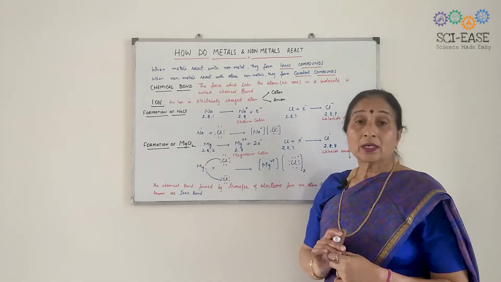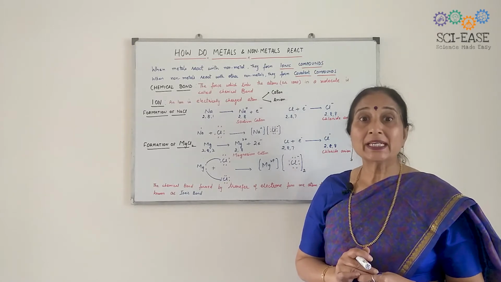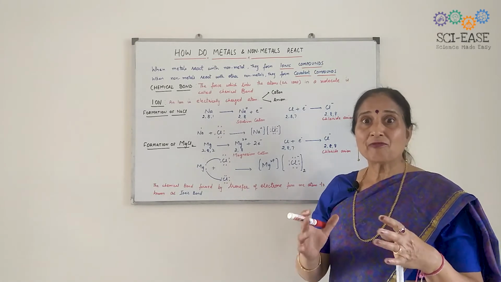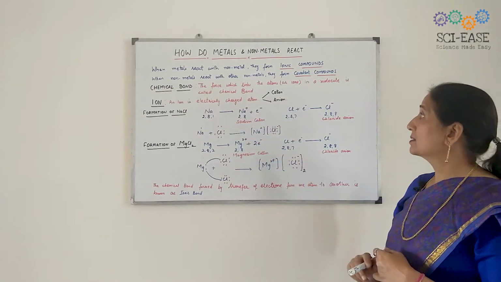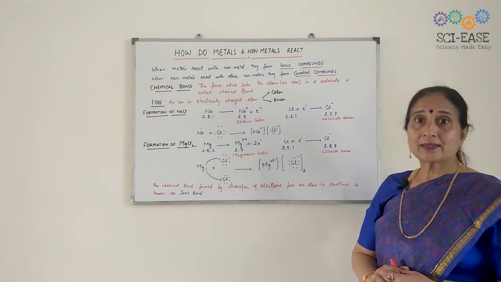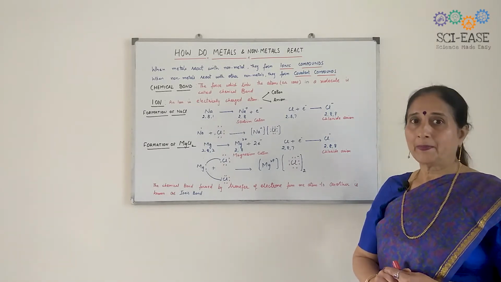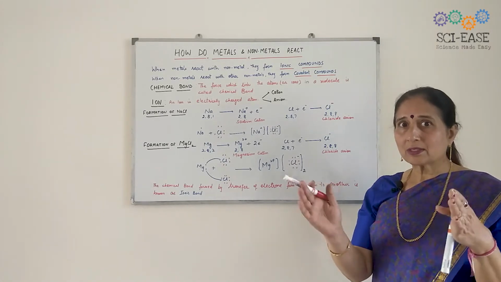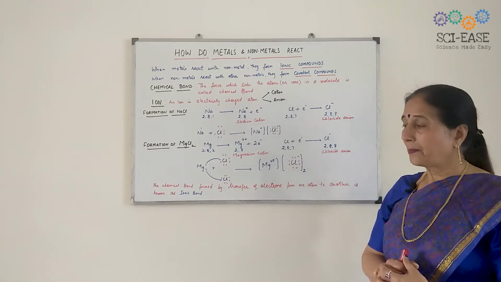First, I will tell you what a chemical bond is. The force which links the atoms or ions in a molecule is called a chemical bond. They are the attractive forces between atoms or between ions.